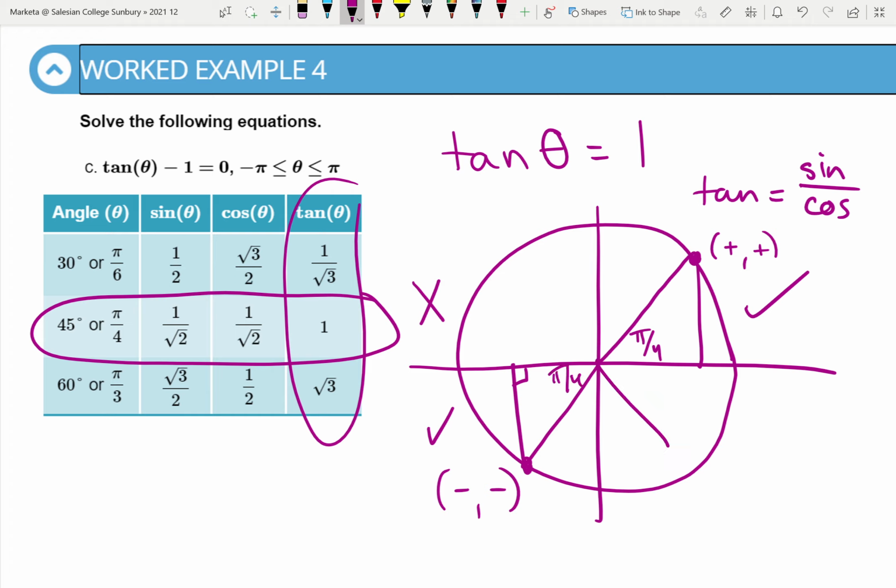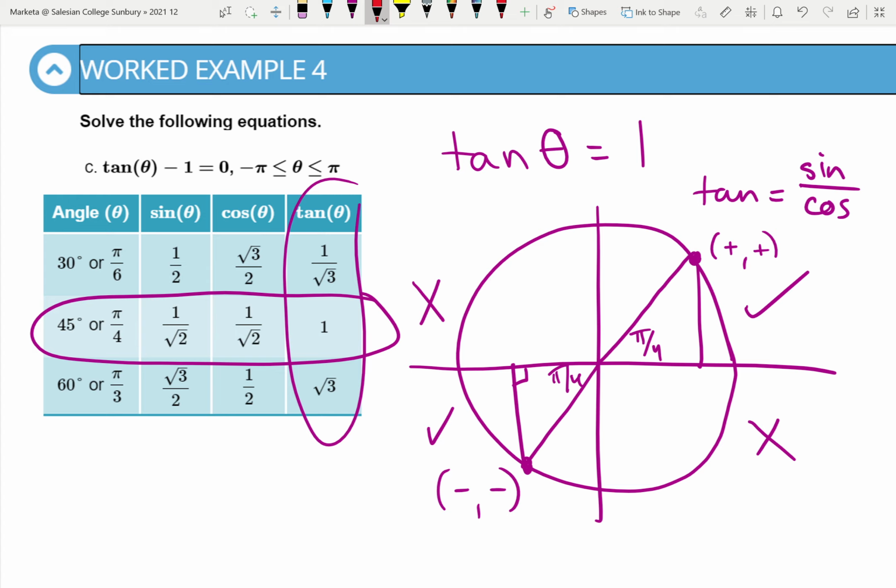And finally here, well, you can probably already tell that's not going to work. Here you have a positive cos value or x value and a negative sine value or y value. Negative divided by positive is negative, so we are not going to be including that because we are after positive values. So let's now measure those angles and answer the question.